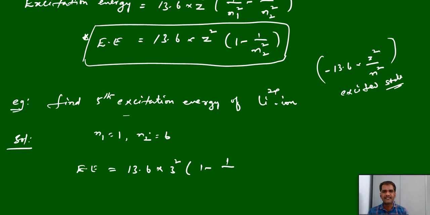So fifth excitation energy means N2 equal to 6, 36. So you can simplify this one, you will get 13.6, 3 square means 9, into 35 by 36 electron volts. So if you simplify this one, you will get the answer.